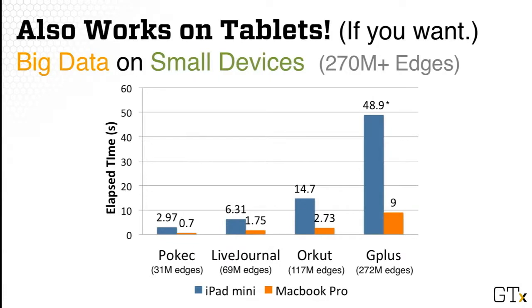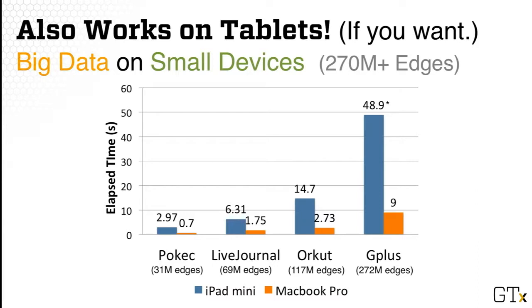Since virtual memory is such a ubiquitous technique, it's available on almost all modern systems and hardware as well. So that means if you want to do memory mapping on mobile devices like an iPad, you can also do that, and the speed is also very impressive. Here, what you're looking at is a comparison of the speed of running an algorithm on an iPad mini versus a MacBook Pro.